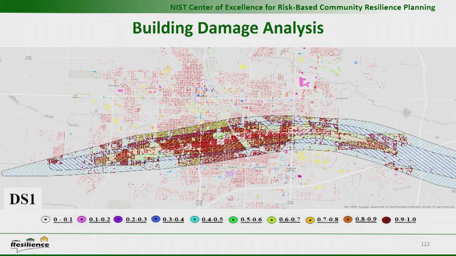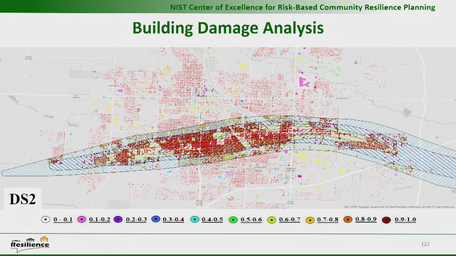The probabilistic model consists of tornado damage fragility functions for 16 building archetypes, including residential and commercial buildings. This figure depicts a damage analysis performed by center researchers, where this first image is of damage state 1, and you can see the different dots and different colors on the screen, where qualitatively you can assign minor damage to damage state 1.